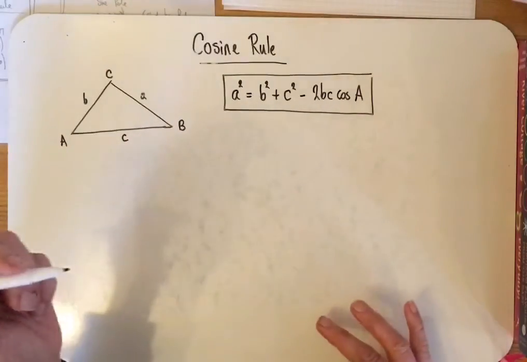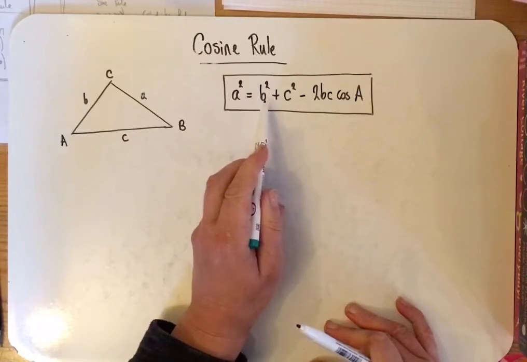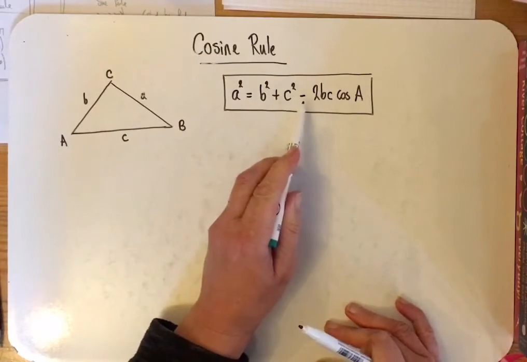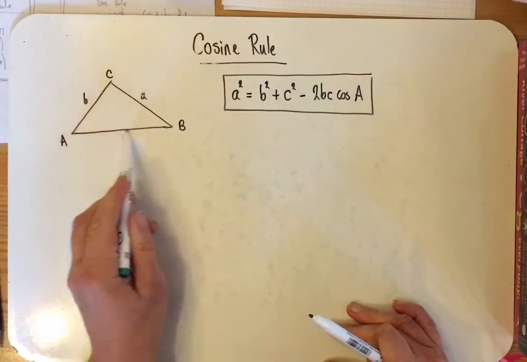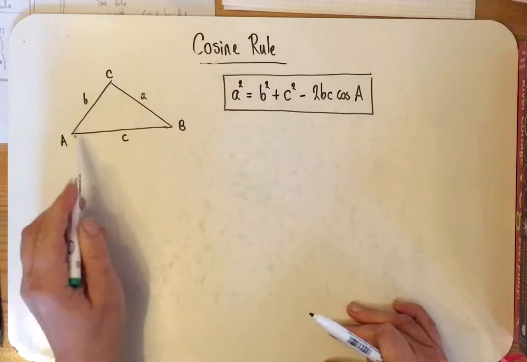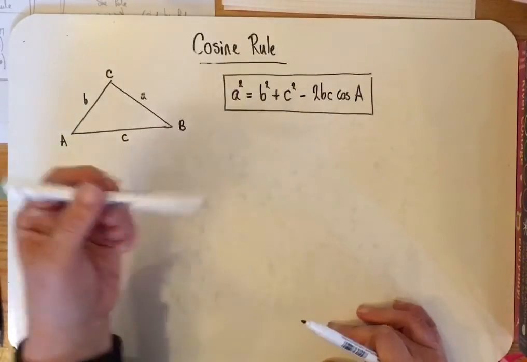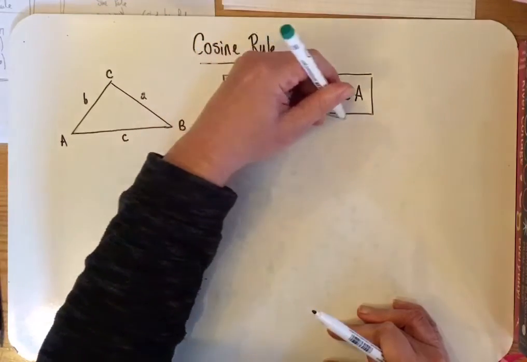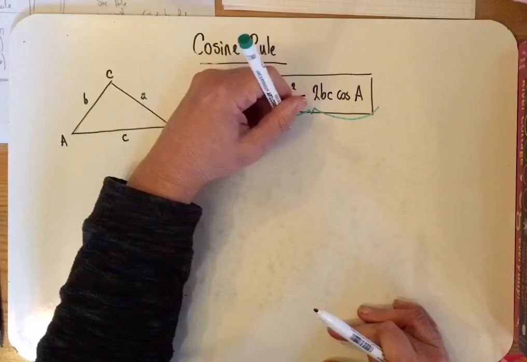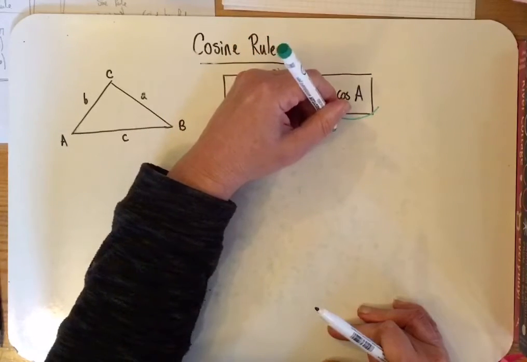If you look at what's happening here, the right-hand side of this equation is b squared plus c squared minus 2bc cos A, so we're doing cos of the angle A. The right-hand side involves two sides and the included angle.